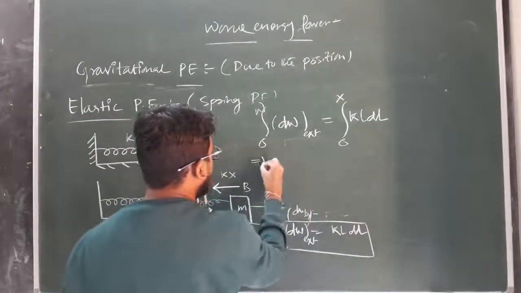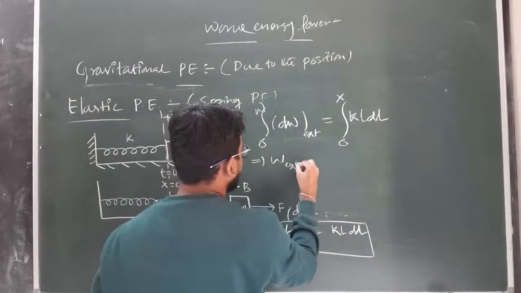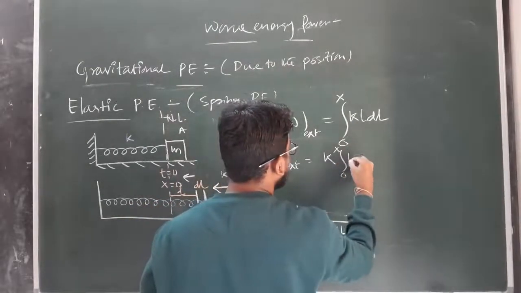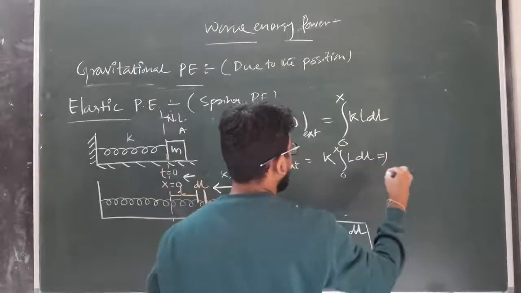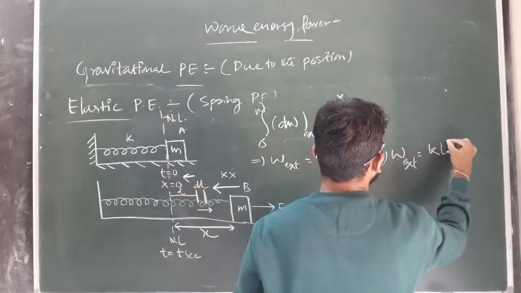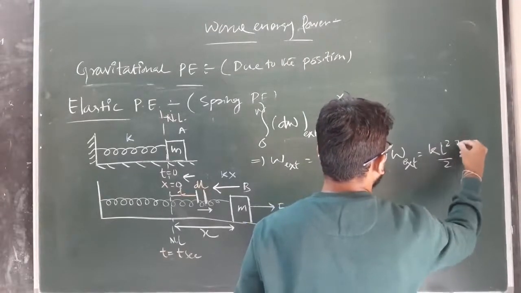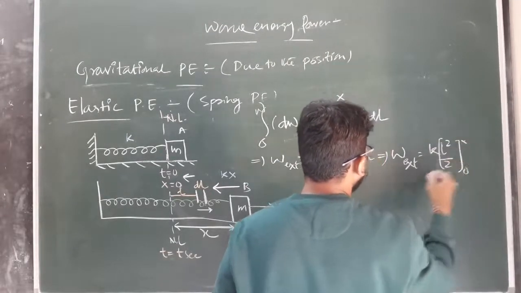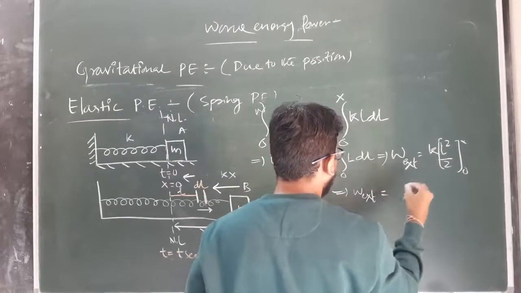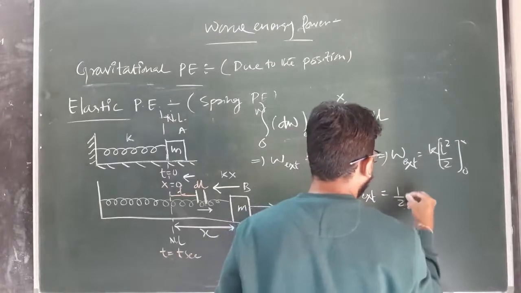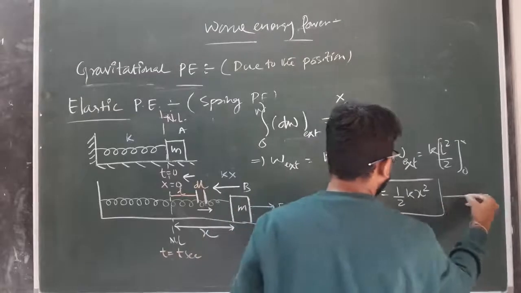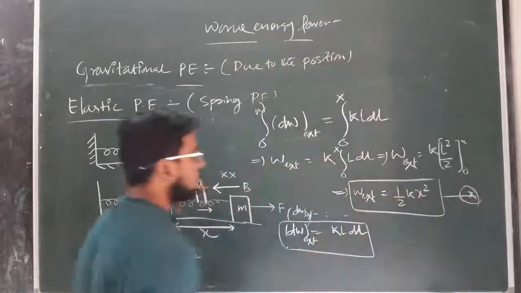So total work done by external force, K is constant, integration 0 to x of L dl. So this will be how much? The work done by external force equal to k L square by 2, limit varies from 0 to x. So this can be written as the work done by external force will be equal to half k x square. Clear? So this is the amount of work done by the external force.